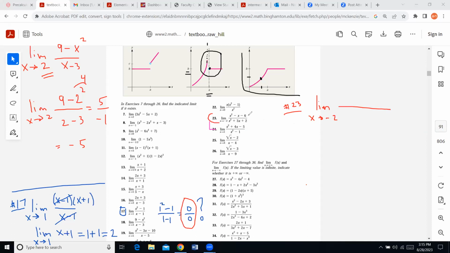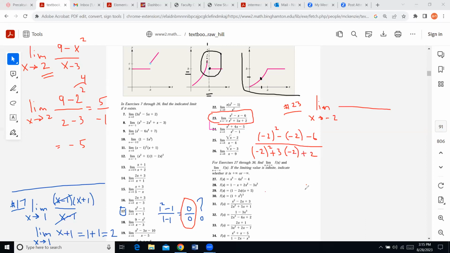Because again, if I try -2 in this fraction, I'll get (-2) to the power of 2 minus (-2) and -6 in the numerator, and the denominator will be (-2) to the power of 2, and also plus 3 multiplied by -2, and then plus 2.